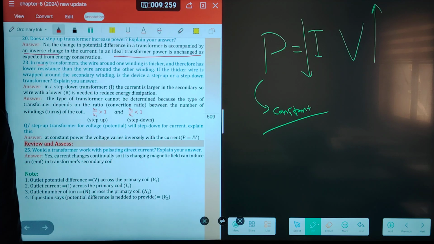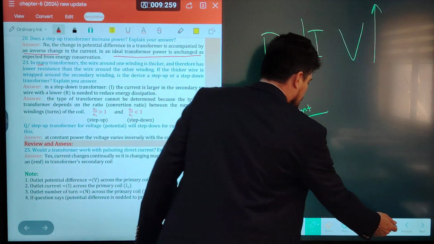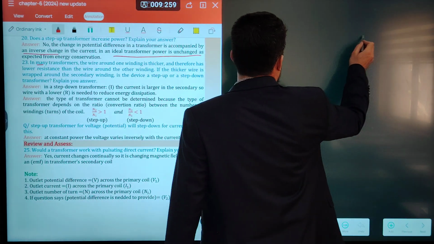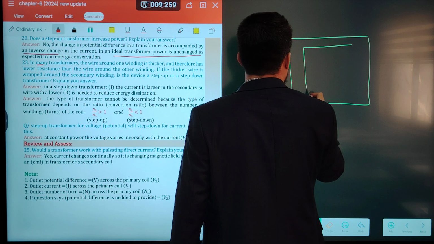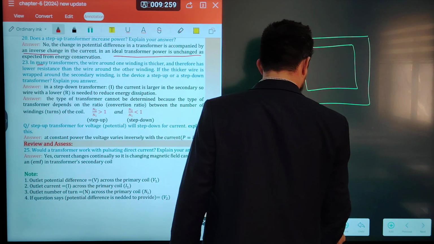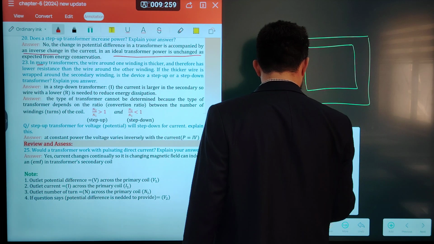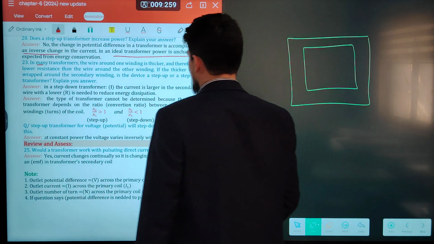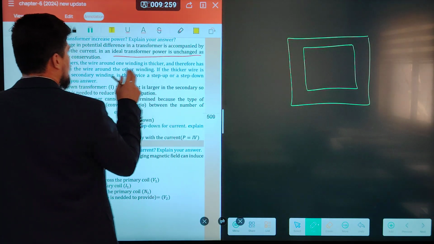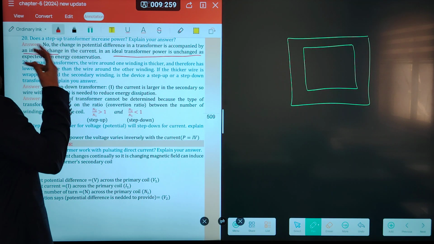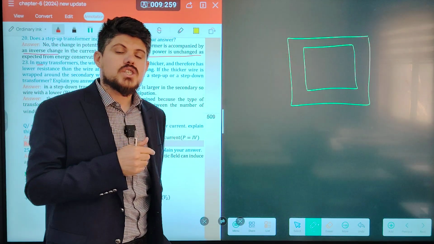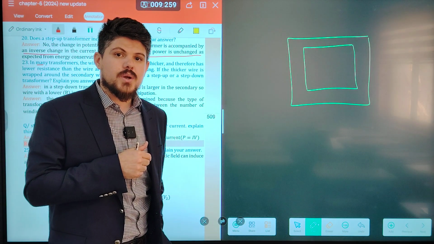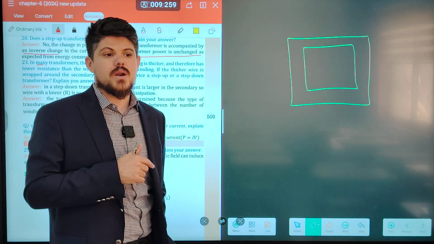In many transformers, the wire around one winding is thicker and therefore has lower resistance. Thick wire has low resistance, guys, be careful. Because resistance is inversely proportional to the cross-section area of the wire.